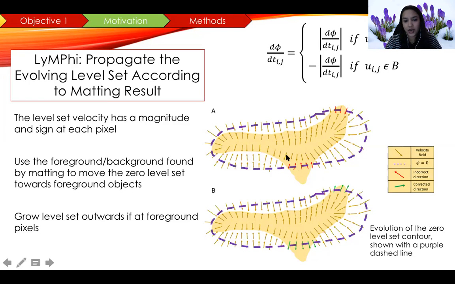These arrows are driving it inside the vessel. These directions are corrected in panel B using the matting label calculated. The now green arrows of the contour evolution velocity have been changed in the normal direction. Lymphy is not just a level set method, it is a matting level set method, the first of its kind.